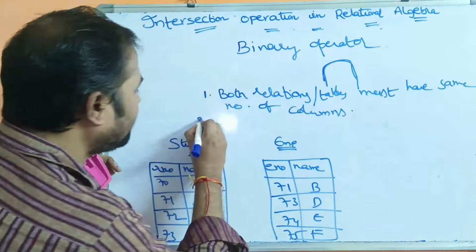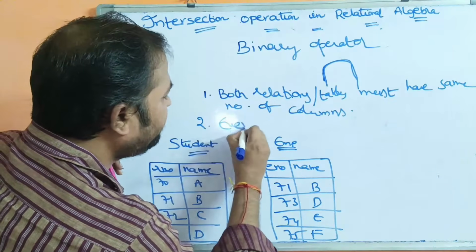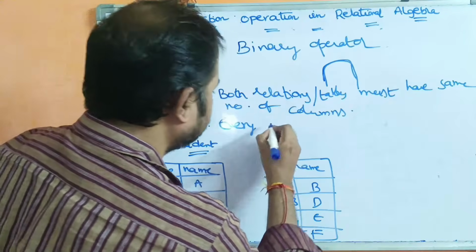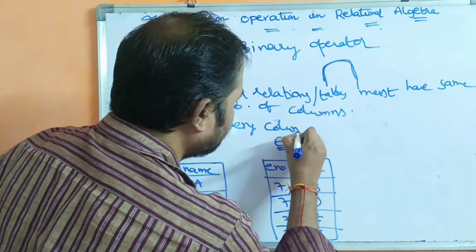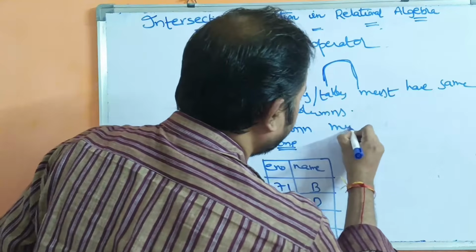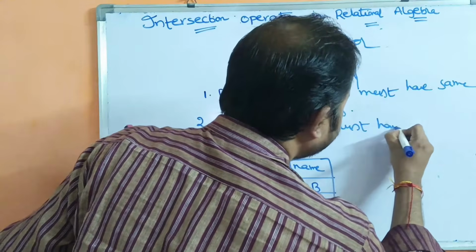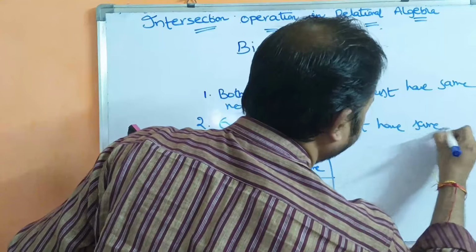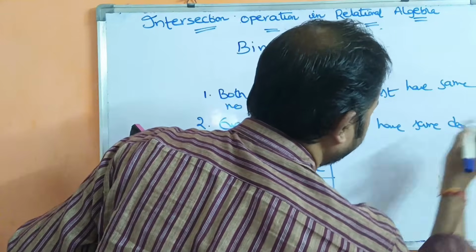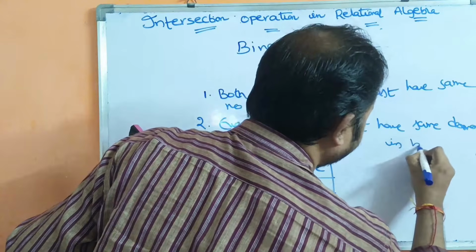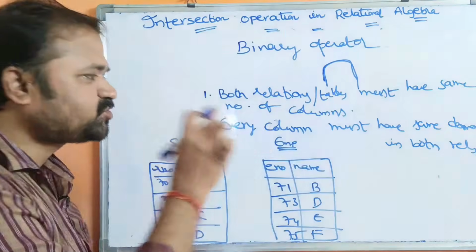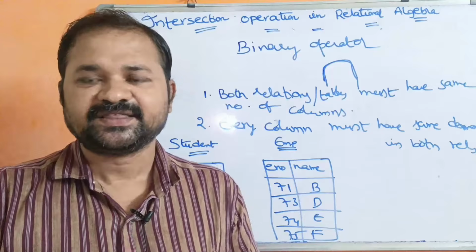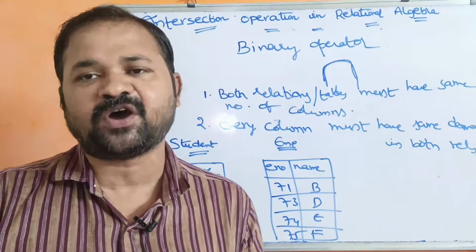And the second condition is that every domain, every column, must have the same domain in both relations. So if these two conditions are satisfied, then only we can apply the intersection operation.